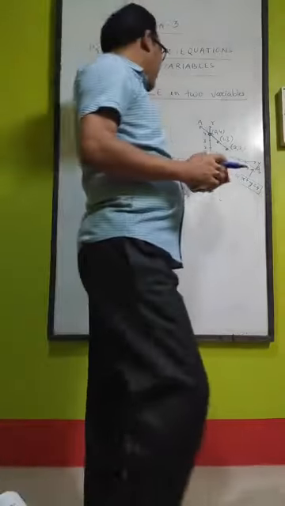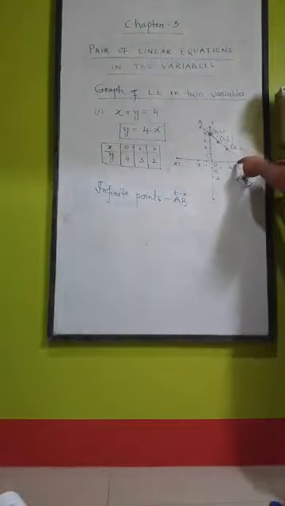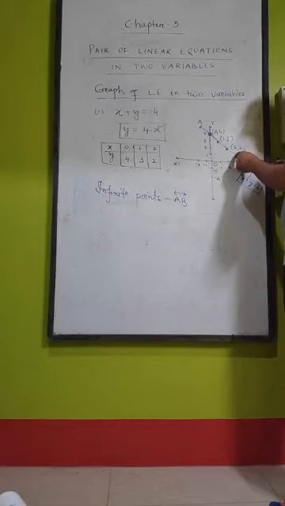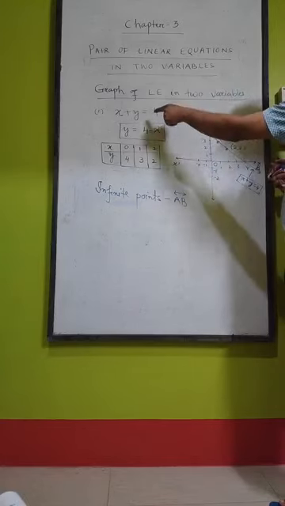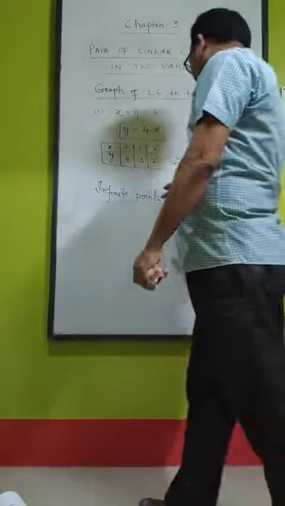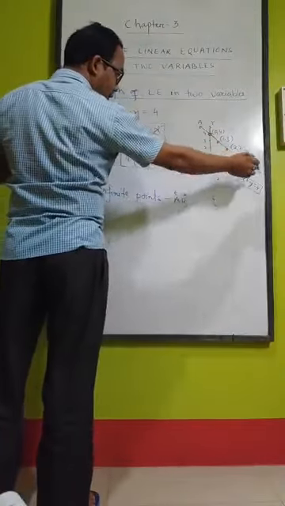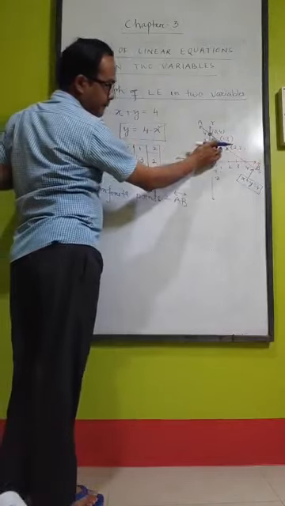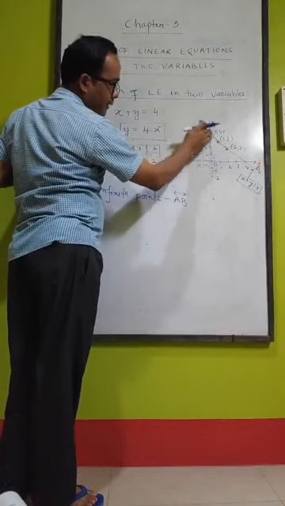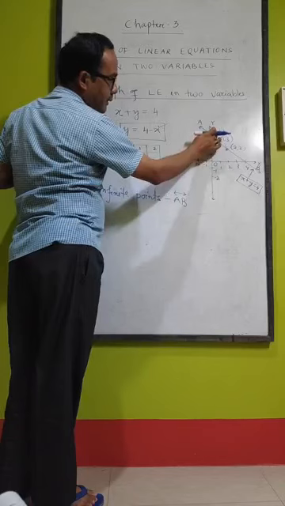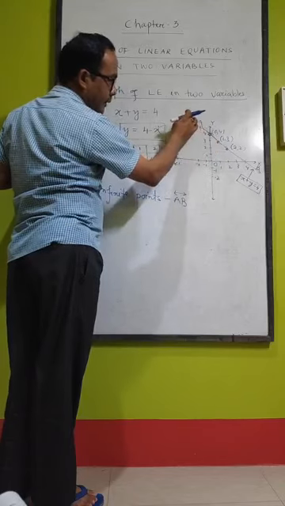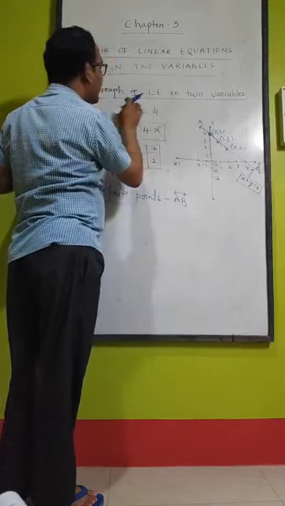If you take any point lying on this line, say if I take (3, 1), as this point lies on this line, therefore it will satisfy this equation. Like this, we can have infinite points lying on this line. Every point lying on this line will give a solution of this linear equation.